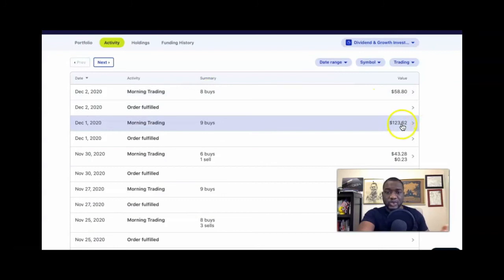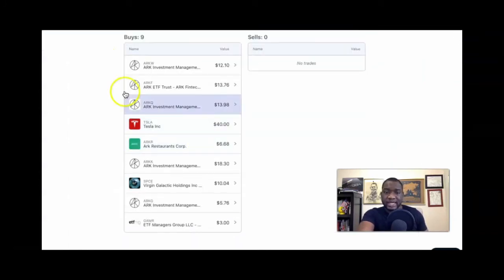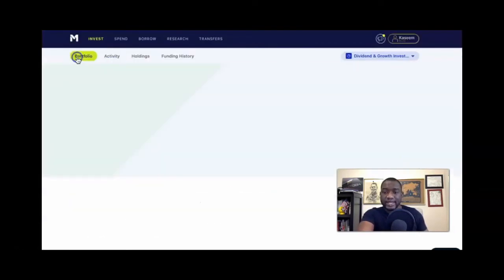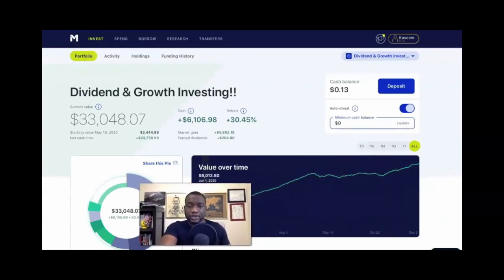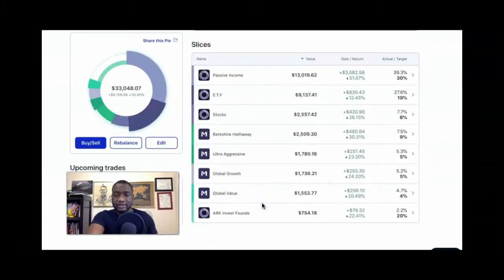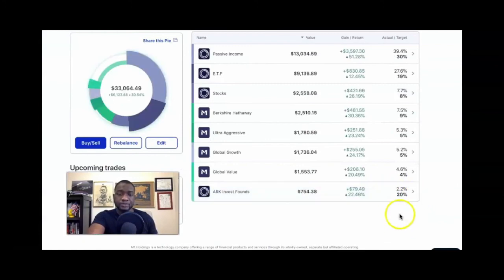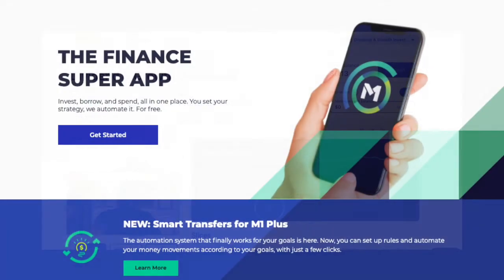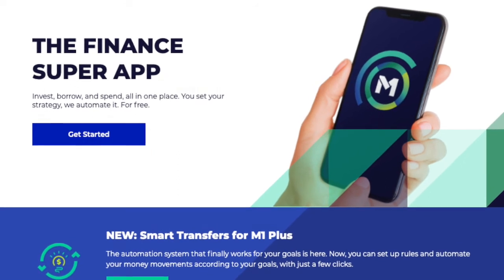I put in $123 and it bought mainly ARK Invest, because that one is the most underweighted part of the portfolio. So that's one of the reasons why I use M1 Finance, because M1 Finance takes the work out of the way for me. When I put in new money, M1 just buys the most underweighted one.